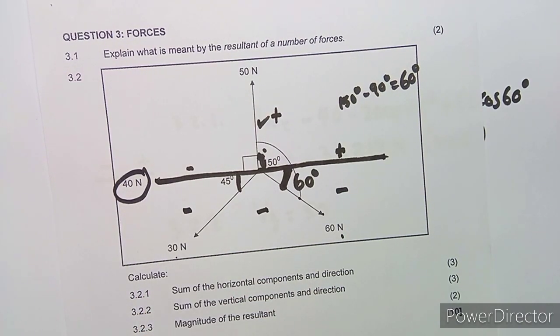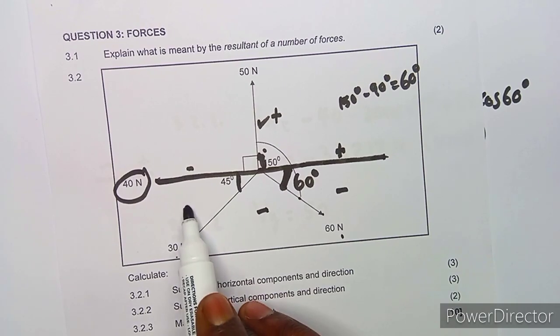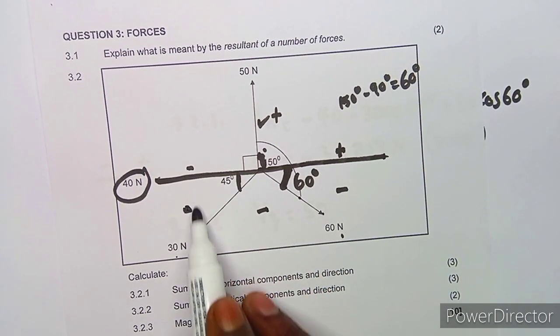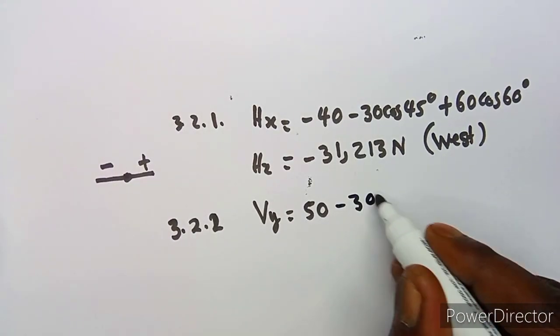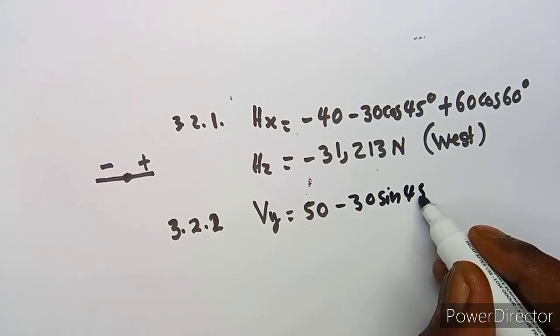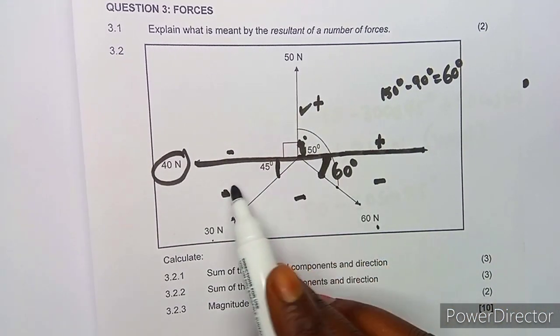That one, it's a straight horizontal, so it's totally out. So you're going to have 30 sine 45, but with a negative because it's below the line, so it's going to be minus 30 sine 45. All right, minus 30 sine 45 degrees. Then we've got 60 here, which is minus 60. It's below the line, so it's minus 60 sine 60.